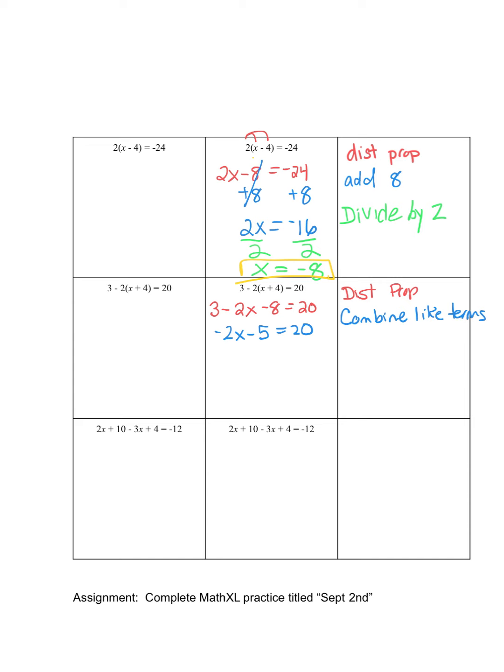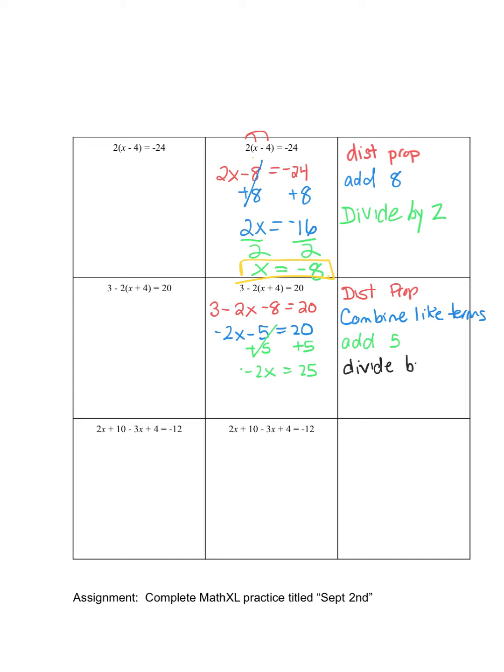I'm now going to be able to start to work with inverses. I see a negative 5, and so I'm now going to add 5. That will leave me with negative 2x equals 25. I see a negative 2 times x, and so the inverse of multiplication is to divide.